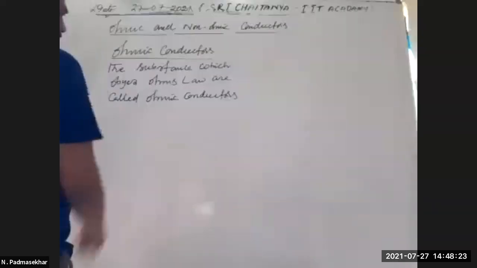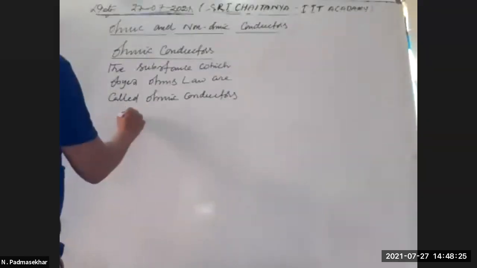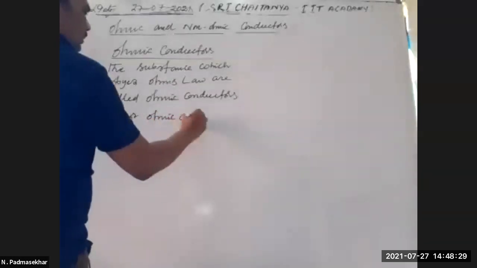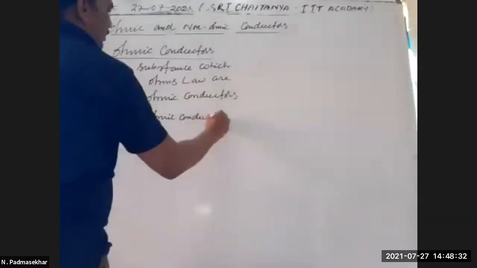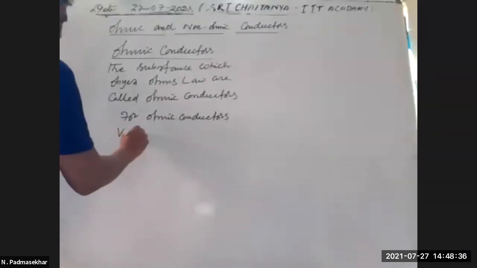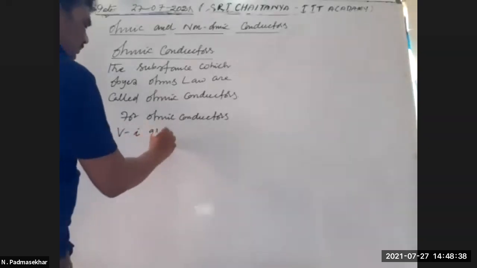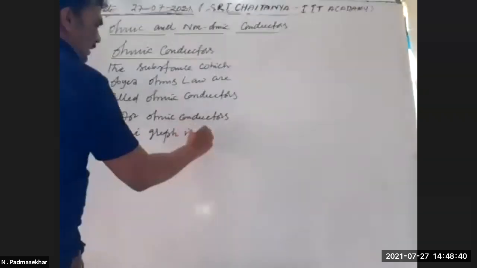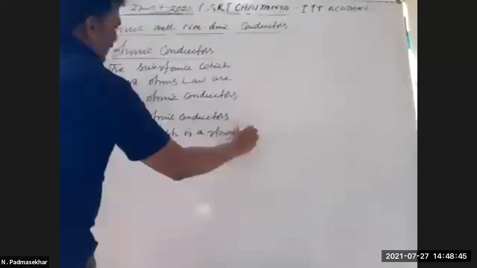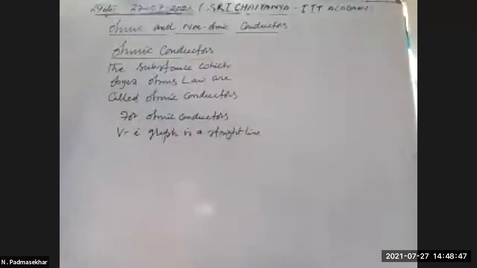And for ohmic conductors, the VI graph is a straight line.